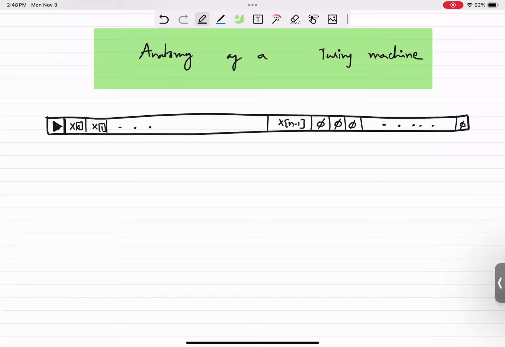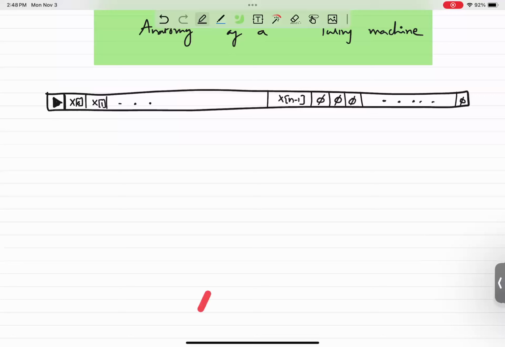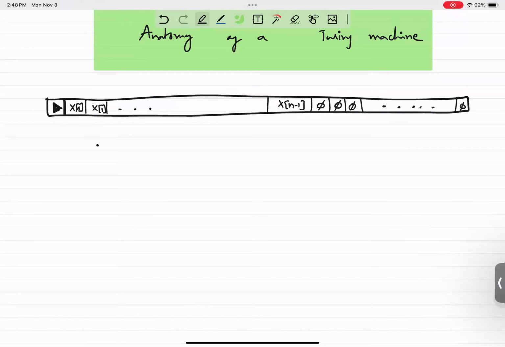So that's the first ingredient. You have one long array. And then, just as in a DFA, you have a finite number of states. I'm going to use the number k here instead of c as we did before.